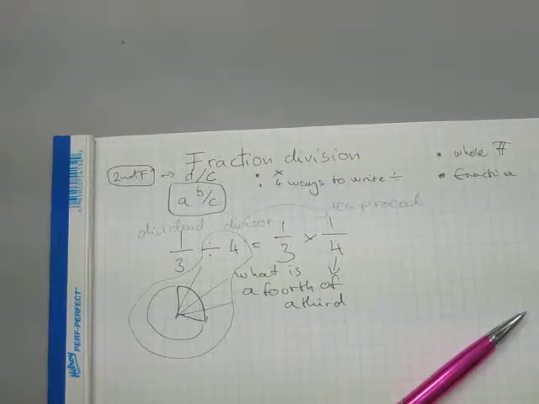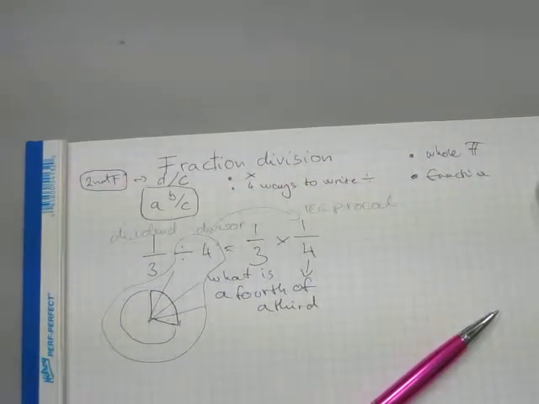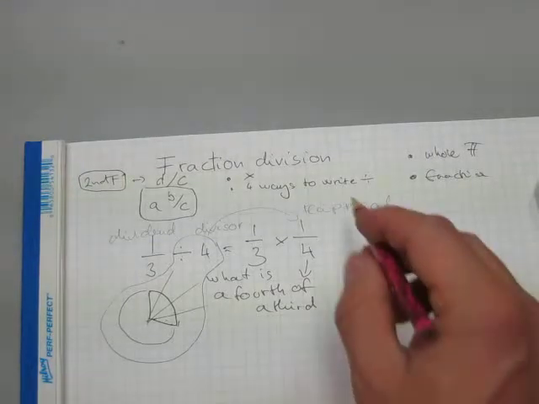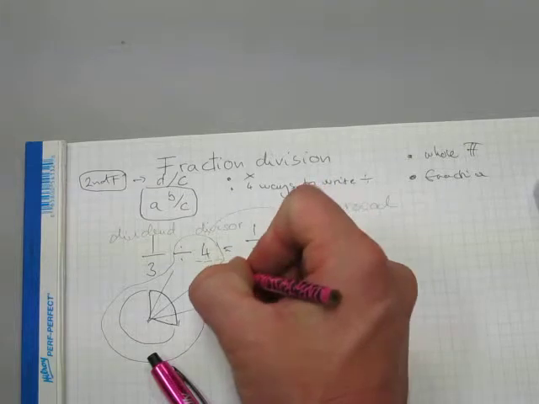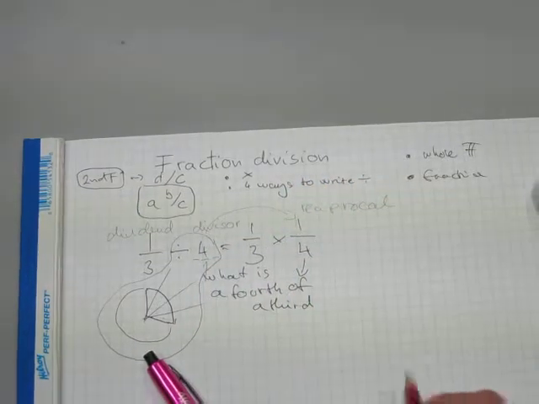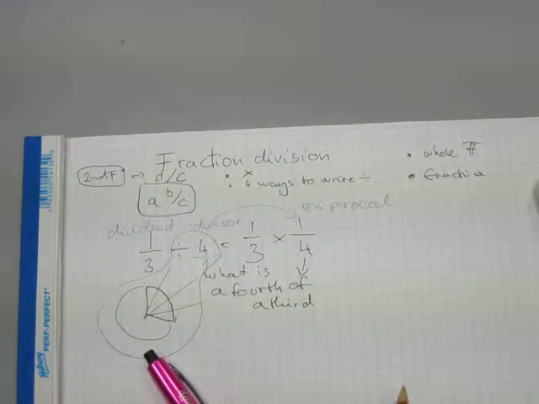And it's important that you do it with the divisor. You take the reciprocal of the divisor: this is a 4 over 1, and you flip it. It's a 1 over 4. That's what it means, taking the reciprocal of the divisor.